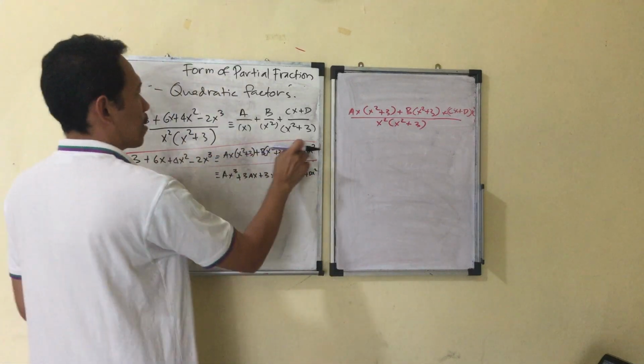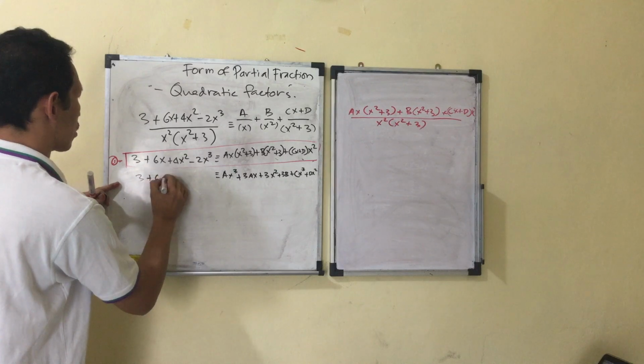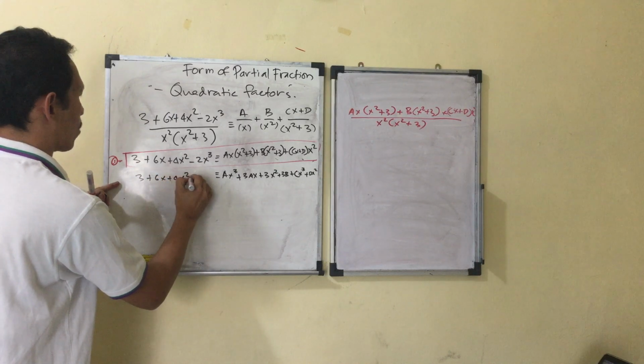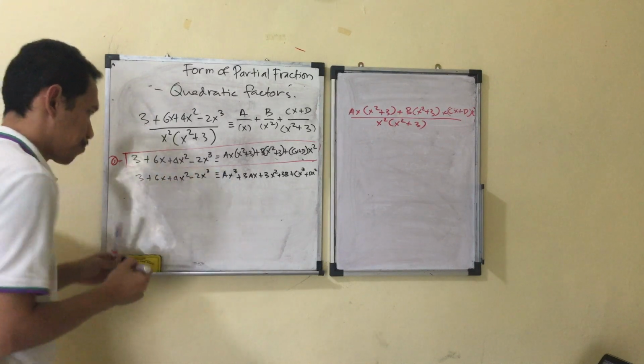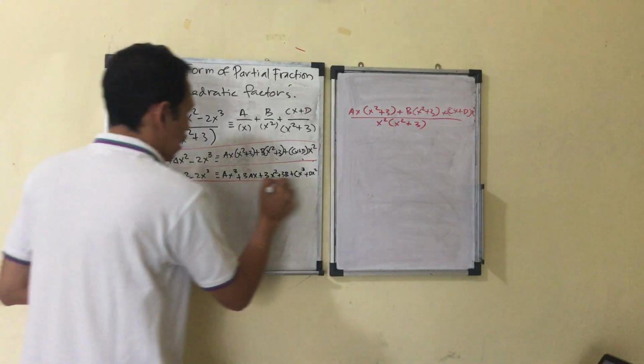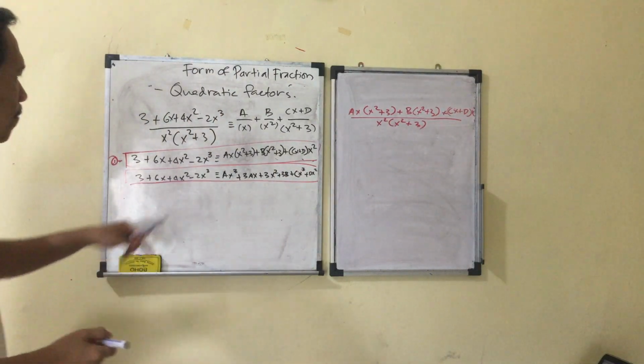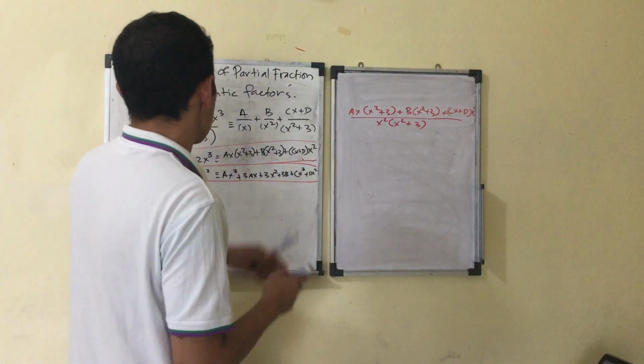So we have expanded this, right? So this one is still the same, 3 plus 6x plus x squared minus 2x cubed. So we have this one as our expansion of this equation number 1 there. Alright? So we have the x squared, the x.